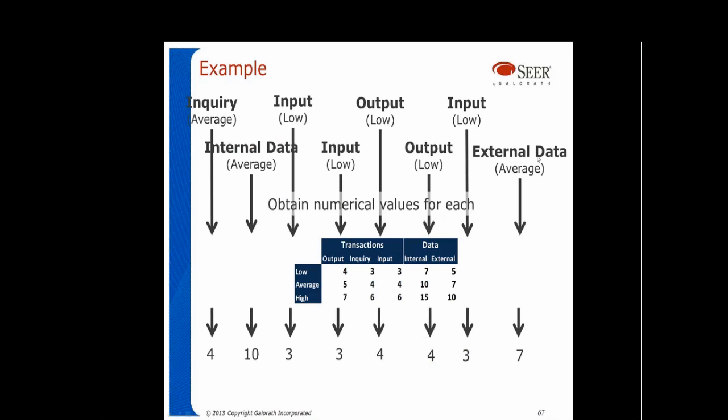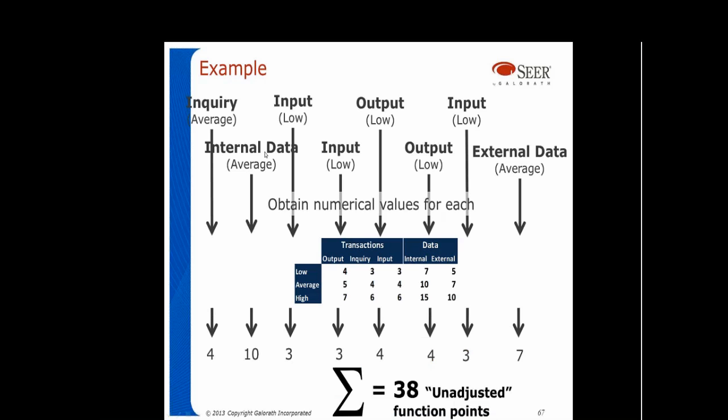External data, average, 7. So now we've translated all these functions with all these different complexities into a set of numbers, and numbers allow us to add it up. And here we have the size of our application, in this case 38 unadjusted function points.